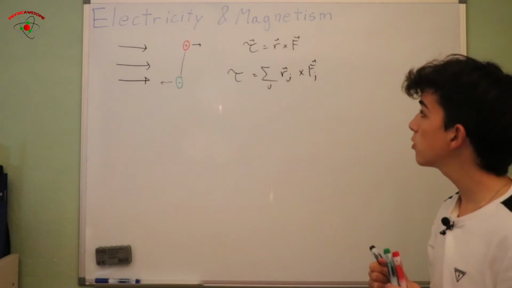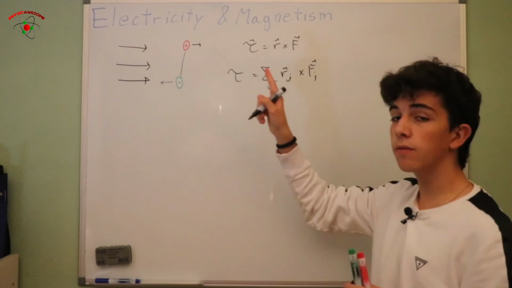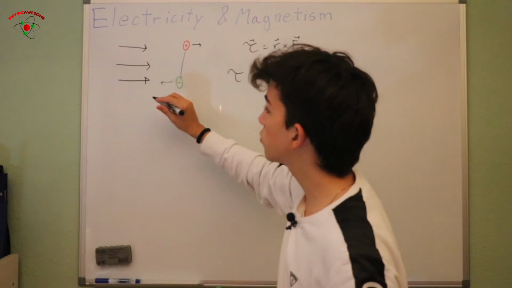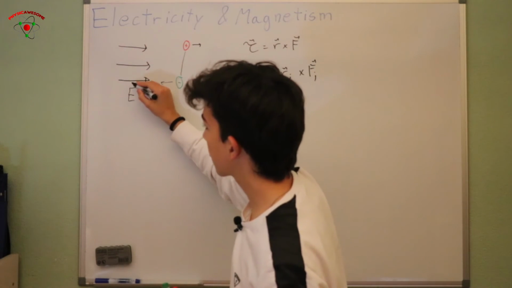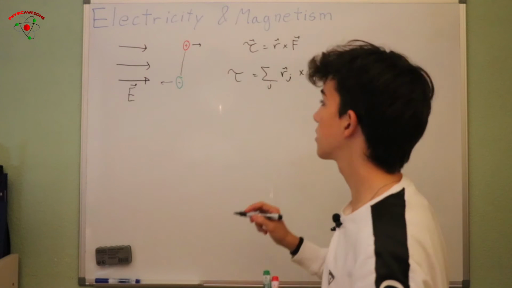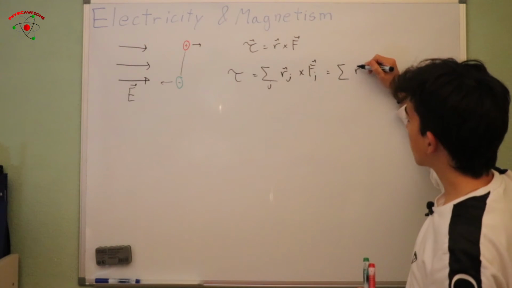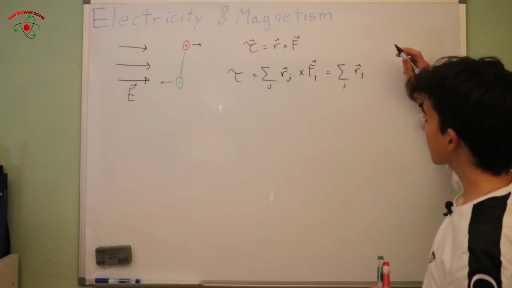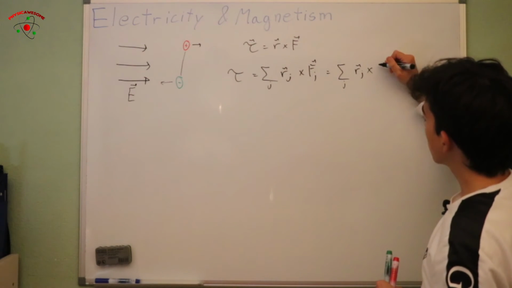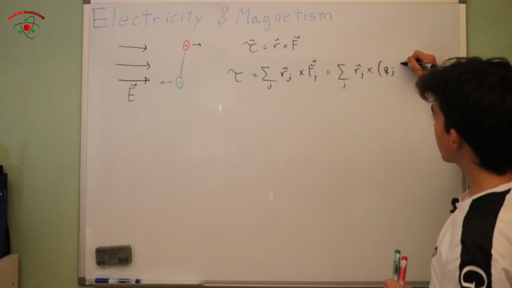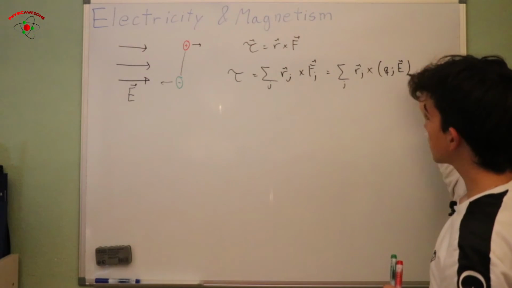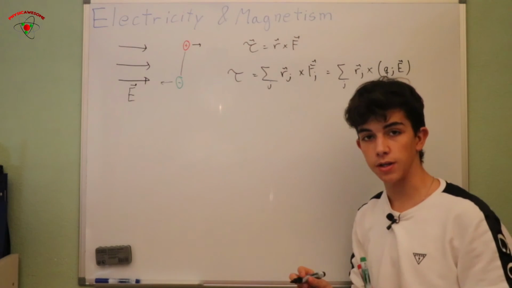And each of our particles is going to feel a force that is related to this external field, that is going to be constant. Therefore, this is going to be equal to the sum over j of r_j cross q_j times the electric field, the constant electric field it is experiencing.